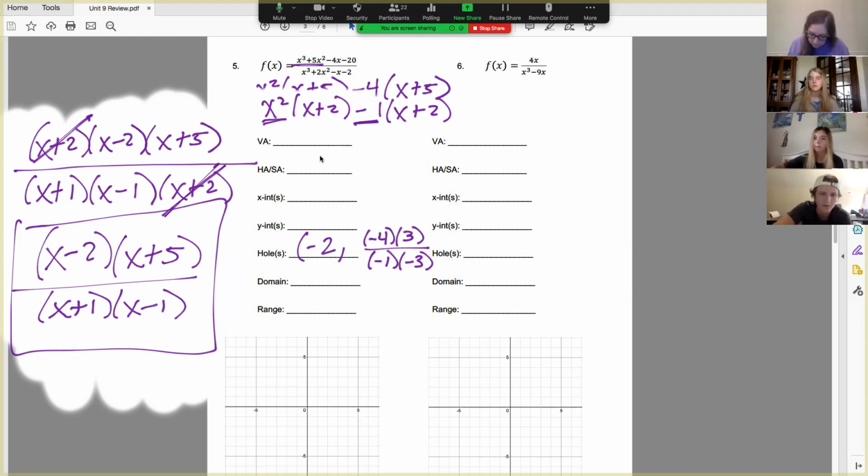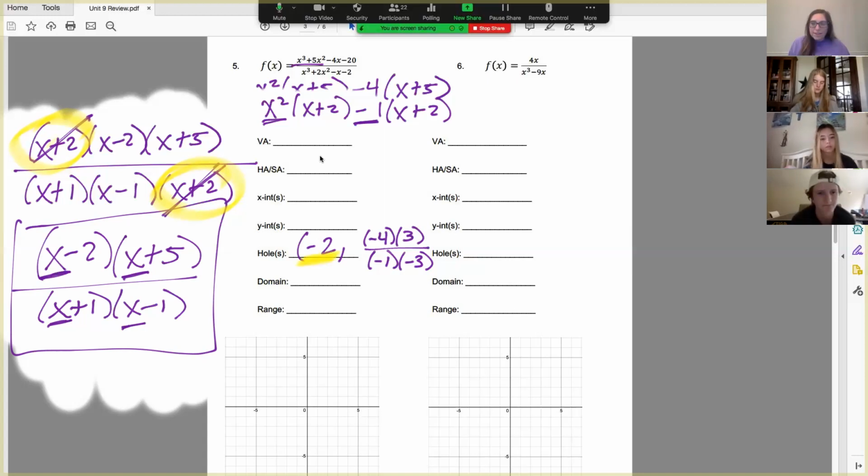Wait, how did you get that? I plugged in negative 2 for all of these x's. Is that how you find a hole? That's how you find the y value of the hole. The x value I found by setting the factors that I canceled equal to 0. So the x plus 2 is canceled, so that means I have a hole at negative 2.